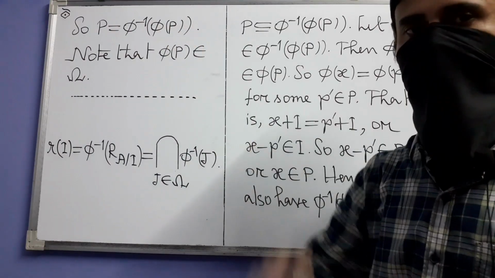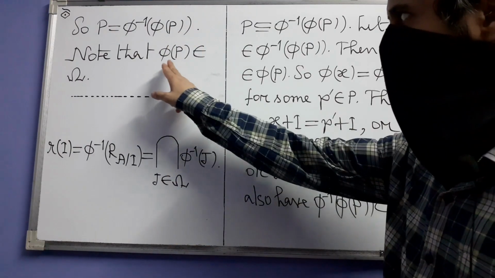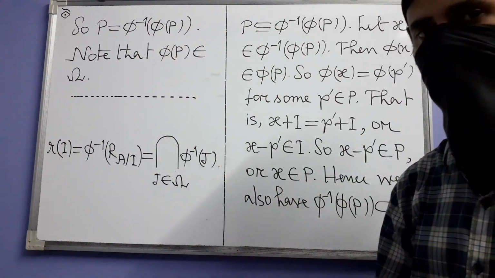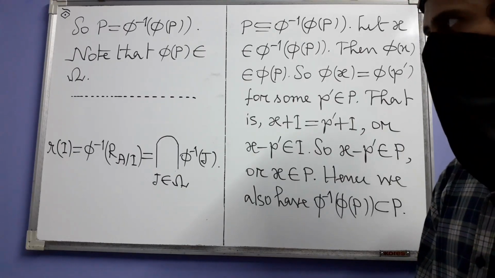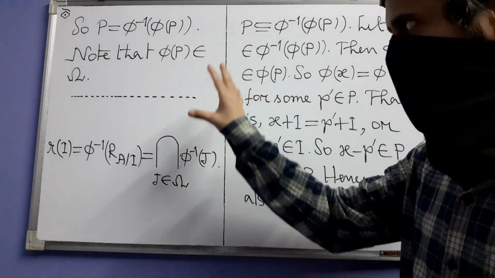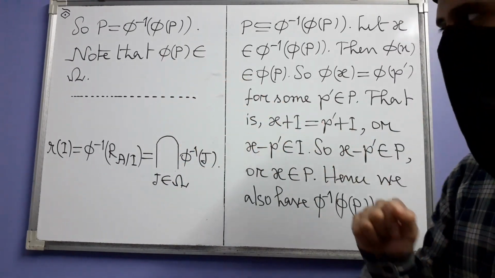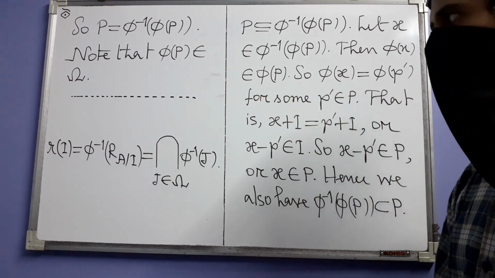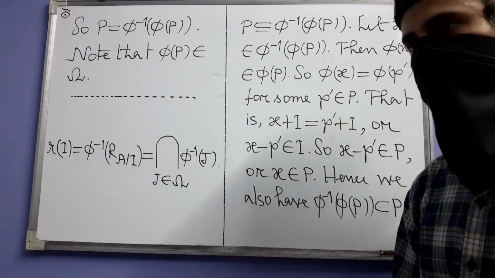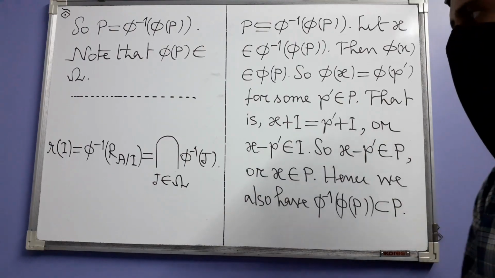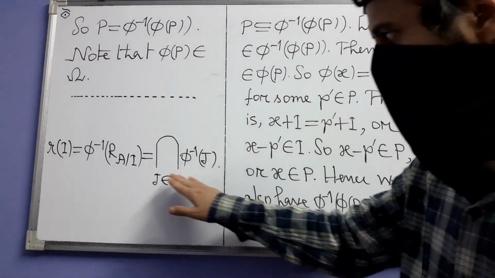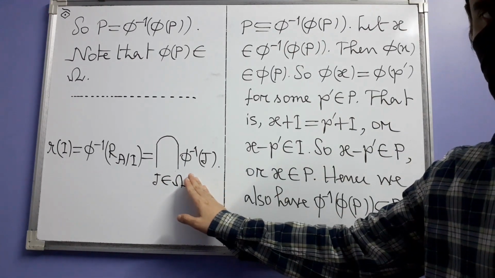Okay, so we write equality, and then we also note the fact that phi of P is in omega. We could have written this before, but this is where we actually need it, so that's why I am writing it here. And the proof ends here. Why? Because we already saw that this is the case.